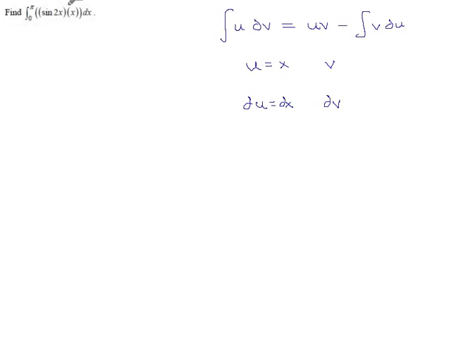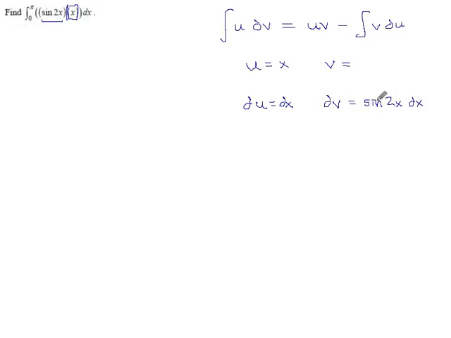Now, if u is our x, so I've taken care of that piece there, all the rest of this has to be our dv. So sine 2x dx, all that has to be my dv. That's not great. That's a little more complex than I'd like to see, but we can probably handle it.